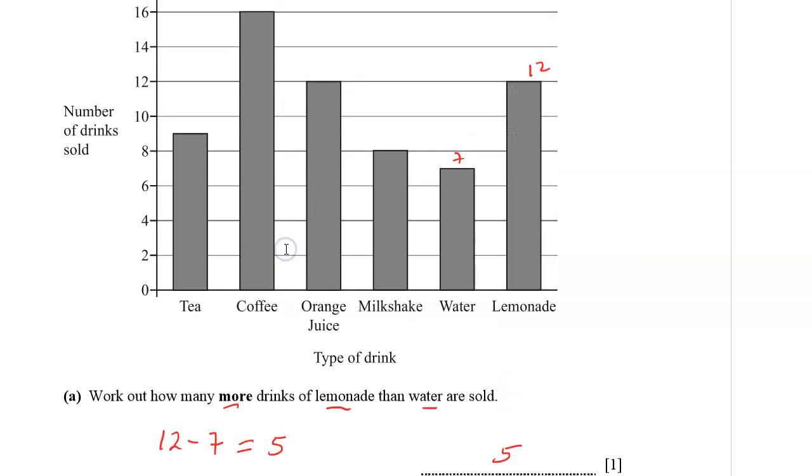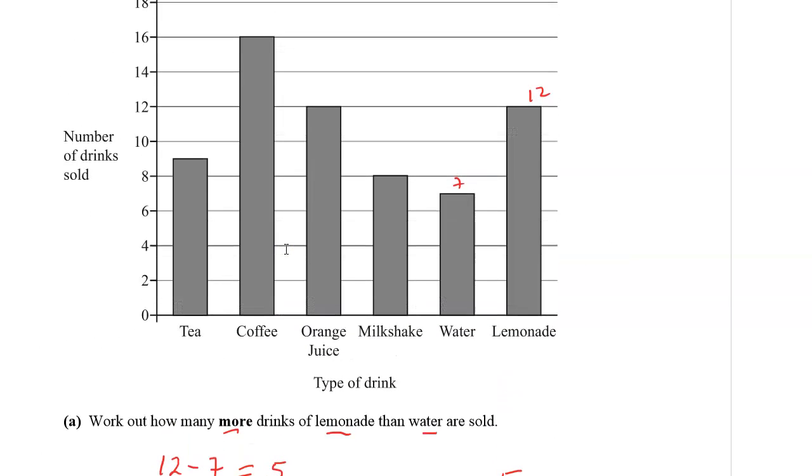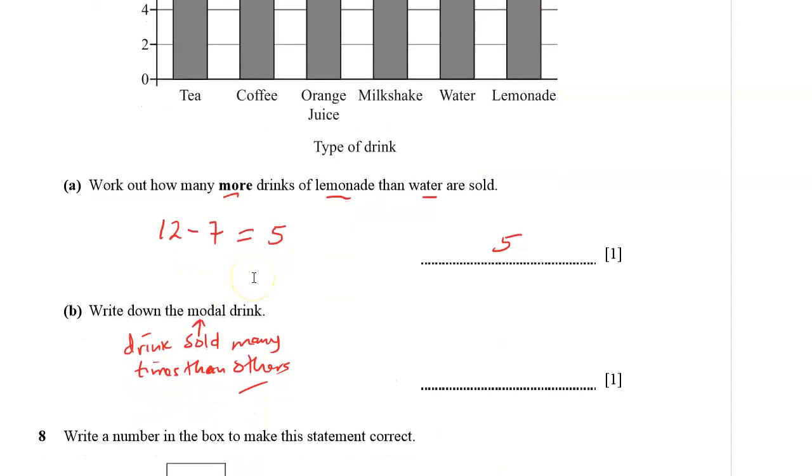Therefore, you come here and find that drink is coffee. Coffee sold 16 drinks in that 1 week. Therefore, the modal drink here is, sorry, it's coffee, not 16. It is coffee.